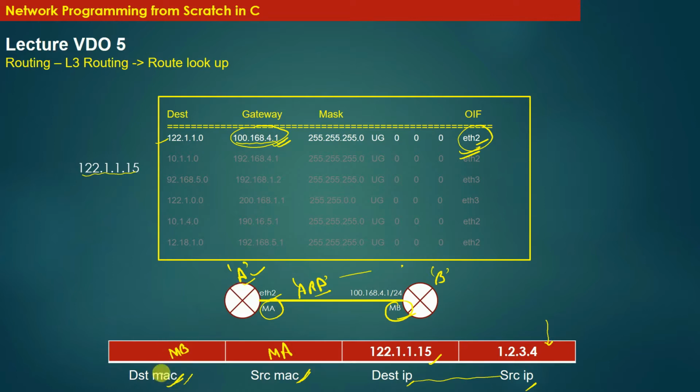Now router A knows all four types of information. Router A can now forward the packet to router B. So this is how L3 route lookup happens, and L3 route lookup is followed by ARP lookup.